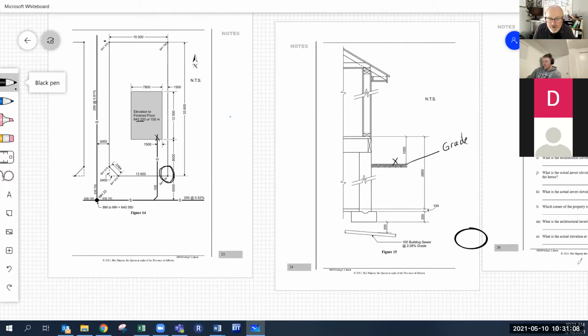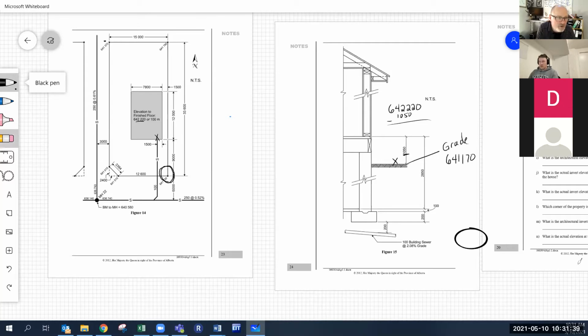So what we'll do is take the finished floor, 642,220, minus off this much to get to the grade, 1050. That gives me the elevation at grade at 641,170.